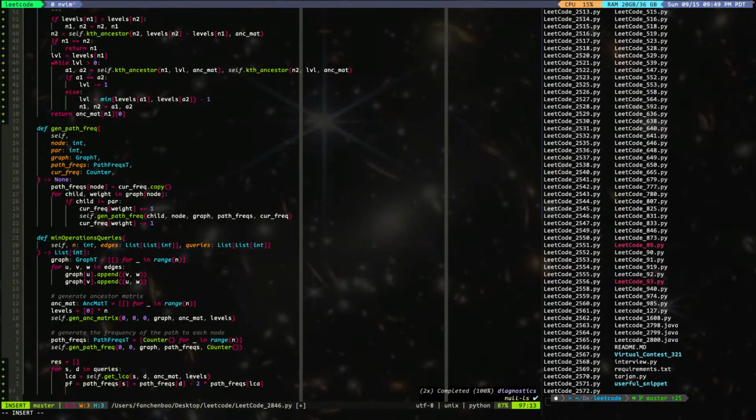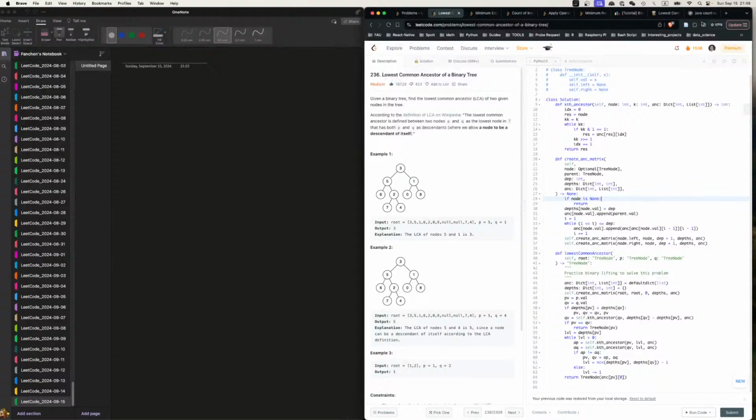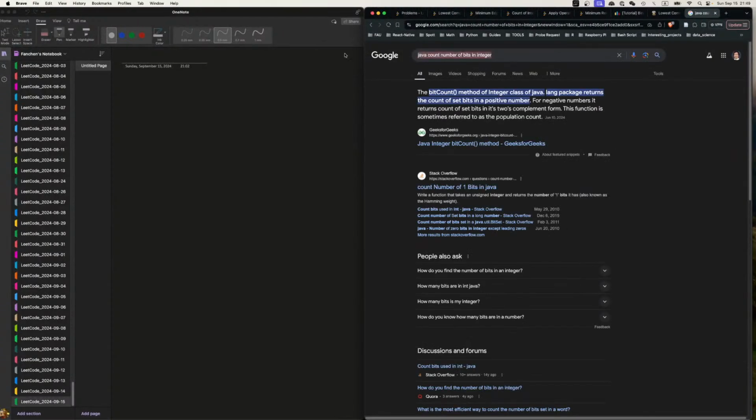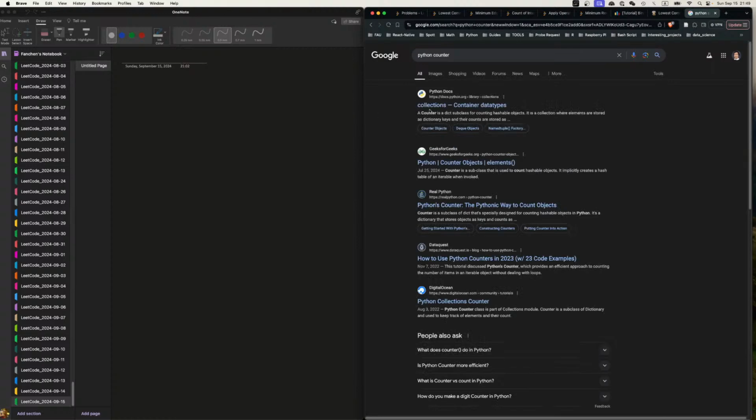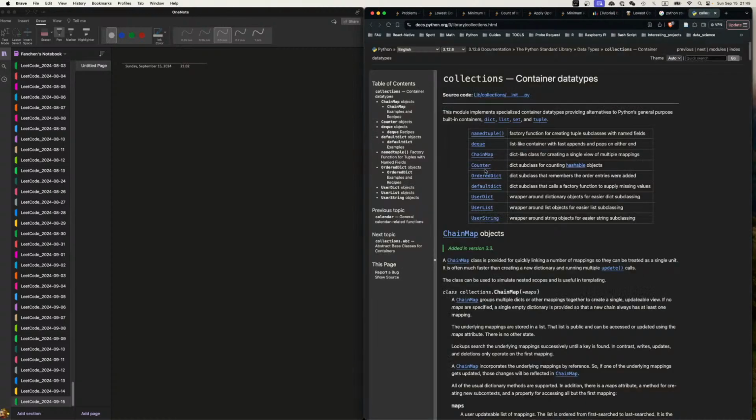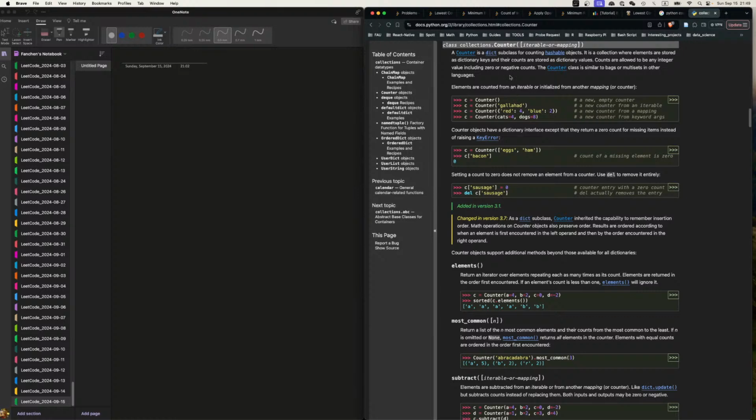Then we need to know the maximum. I think Python's Counter gives us that. We go to the documentation, we go to Counter.